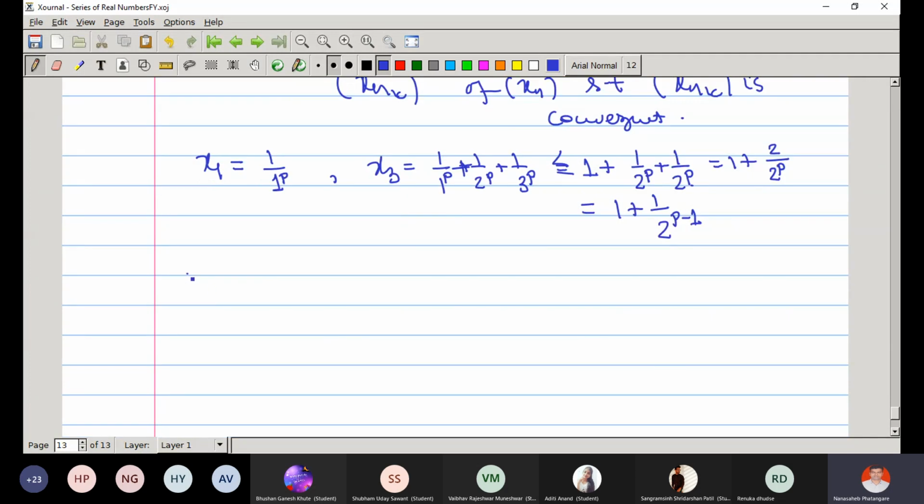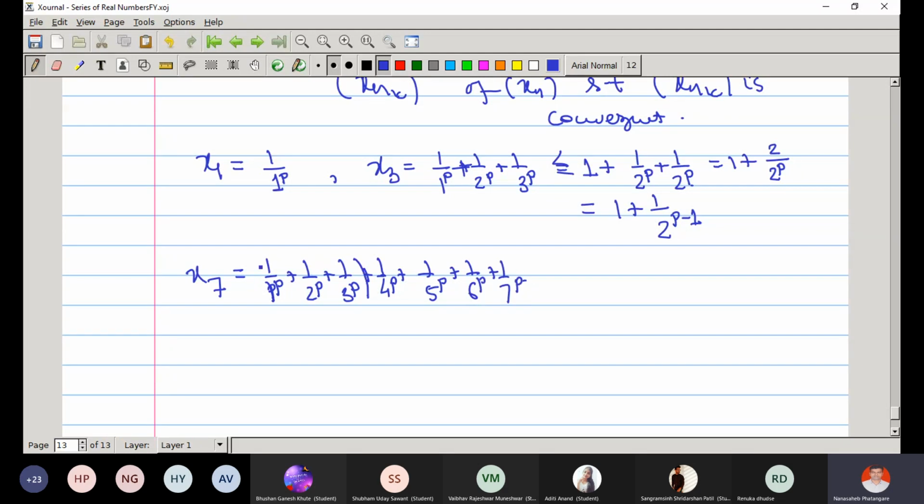Now I will look at x7. Why am I looking at x7? So that I will tell you later. What is x7? 1 plus 1 upon 2 to the power p, 1 upon 3 to the power p, 1 upon 4 to the power p, 1 upon 5, 1 upon 6, 1 upon 7. Right, this is my x7.